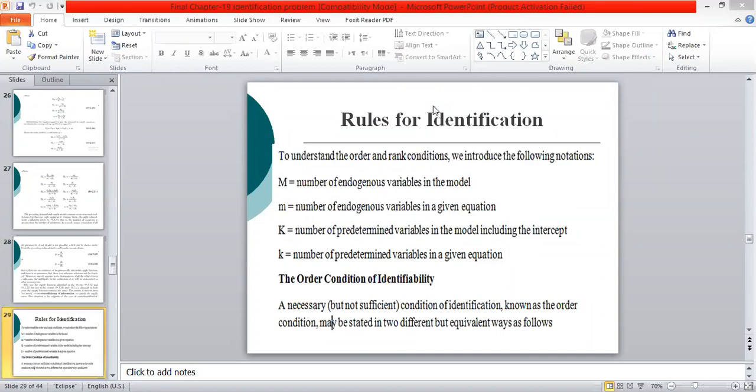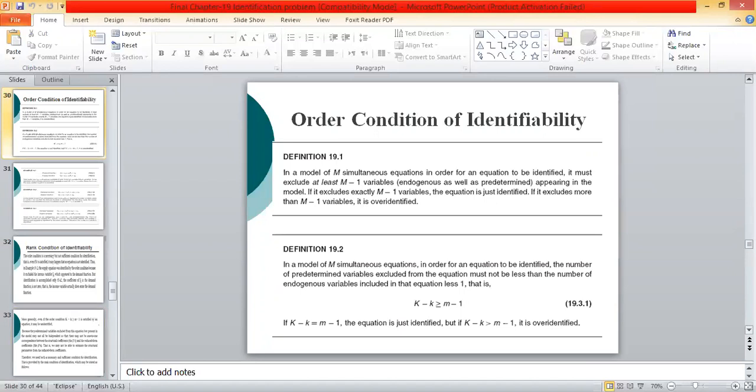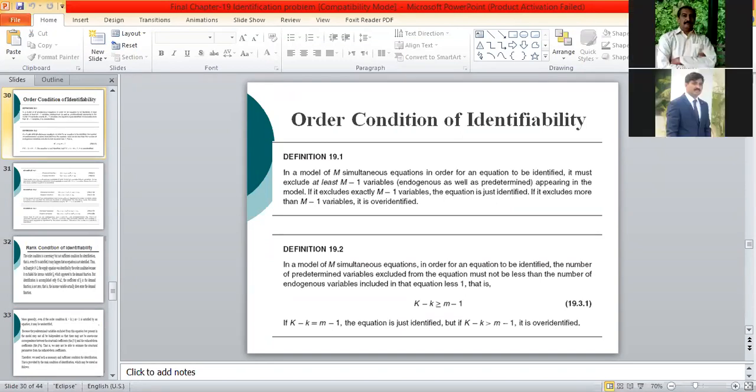Order conditions may be stated in two different but equivalent ways. The first definition of the order condition is: in a model of M simultaneous equations, in order for an equation to be identified, it must exclude at least M minus 1 variables, endogenous as well as predetermined, appearing in the model.